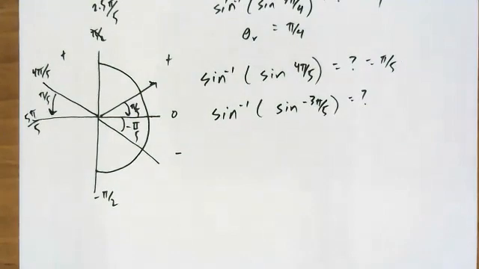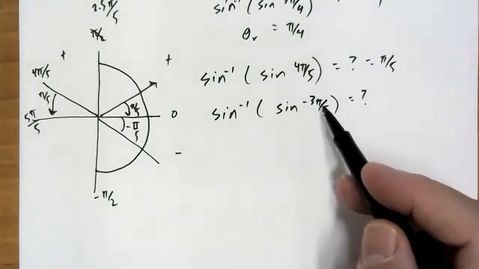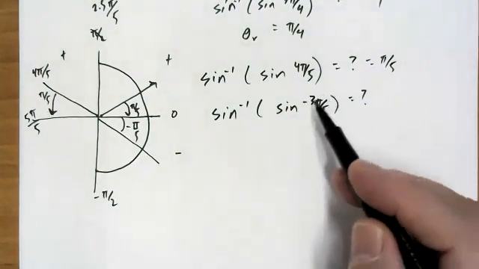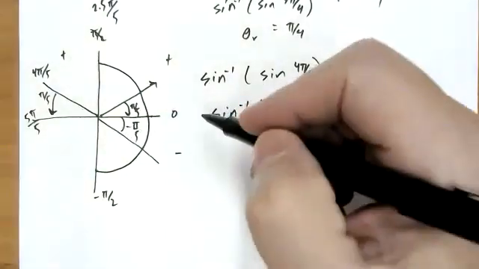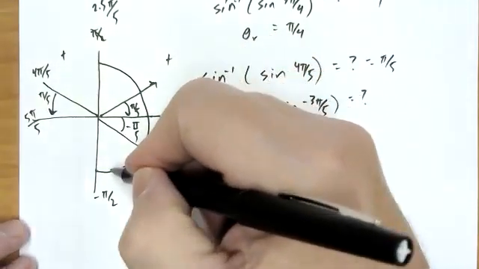The inverse sine of the sine of negative 3 pi over 5. First thing I have to do, I have to go graph and find this angle. It's a negative angle, so I'm going this way.